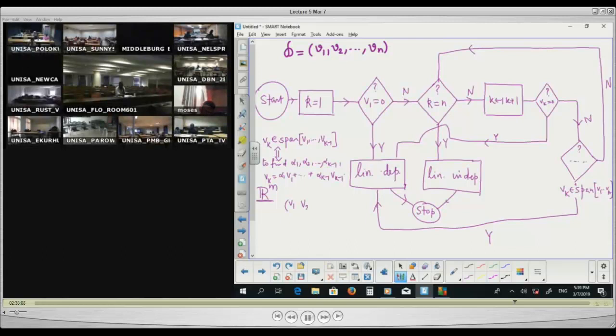You finally make this matrix, apply Gauss-Jordan, as we shall see very soon, and see whether there is a non-trivial solution of this. So finding spans is nothing else but Gauss-Jordan. Okay? So that's the whole story.